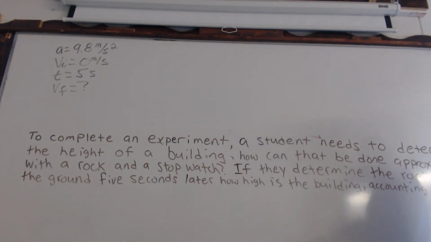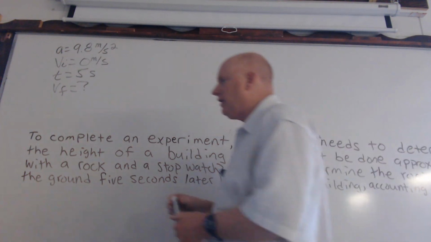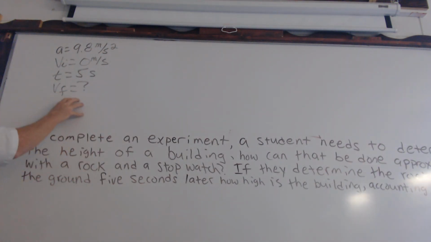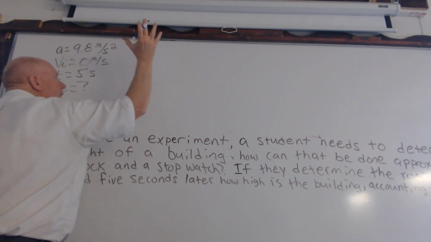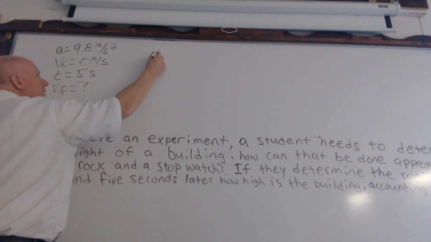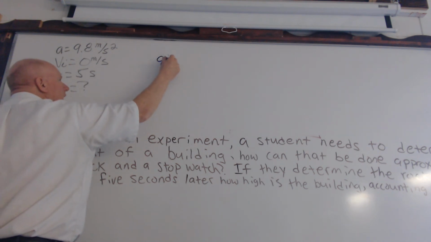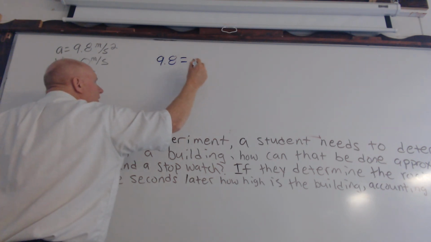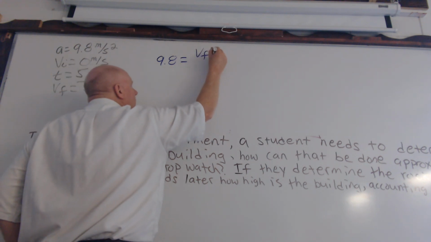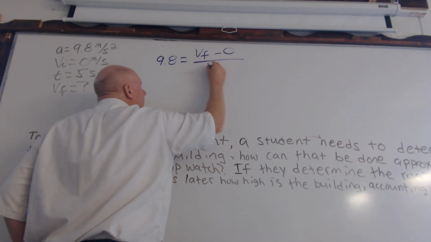All right, so with this information written down, we first need to find the velocity, because once we do that, we can calculate the height. So find our final velocity from our acceleration formula: 9.8 equals our final velocity minus 0, divided by 5.